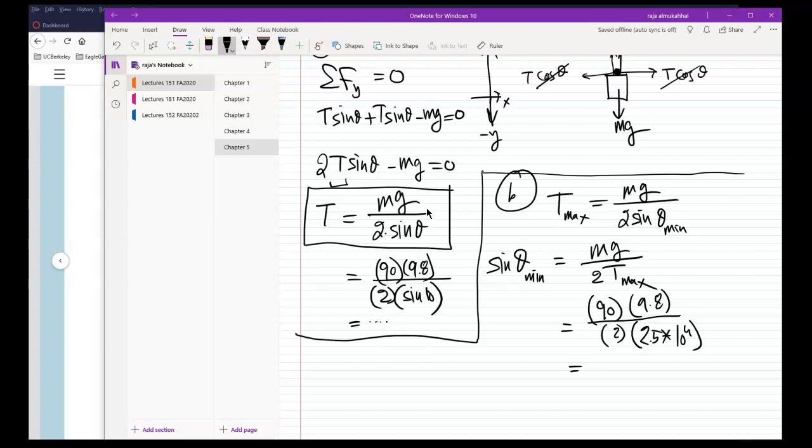Answer 0.0. I hope I did it right. 0.01764. So that's sine theta min, right?